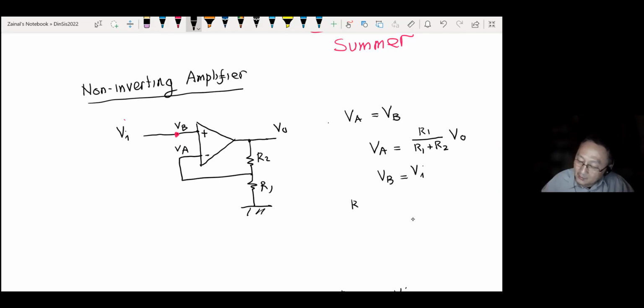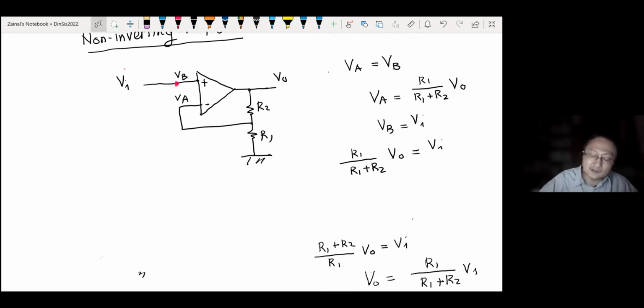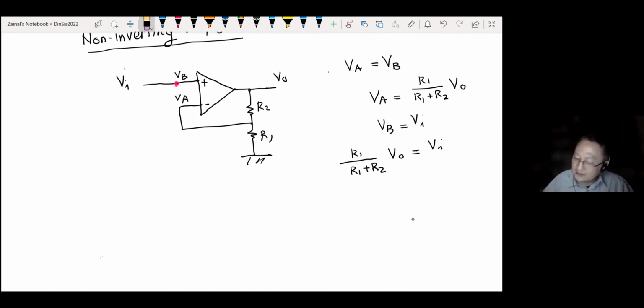Therefore, R1 divided by R1 plus R2 multiplied by VO is equal to VI. Therefore, from here, what do you have? VO is equal to R1 plus R2 divided by R1 multiplied by VI.